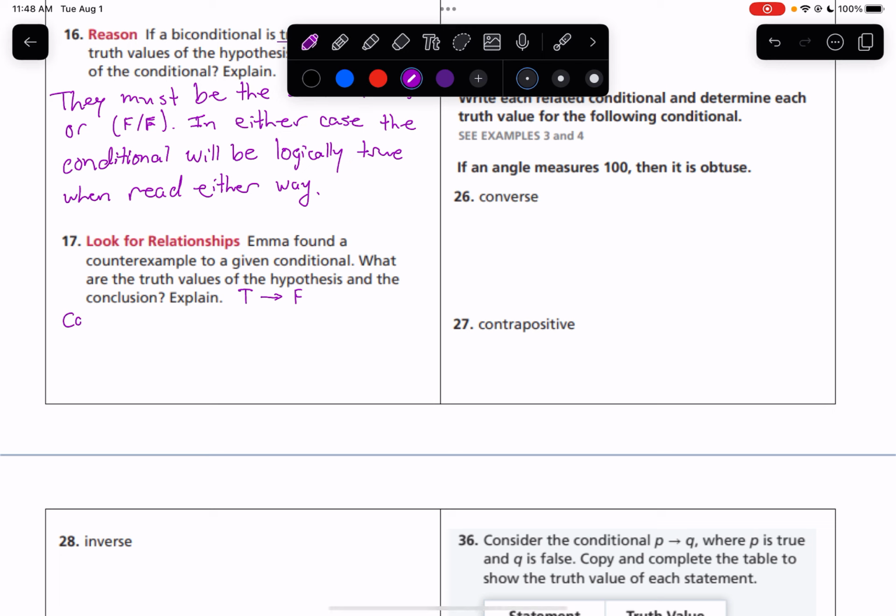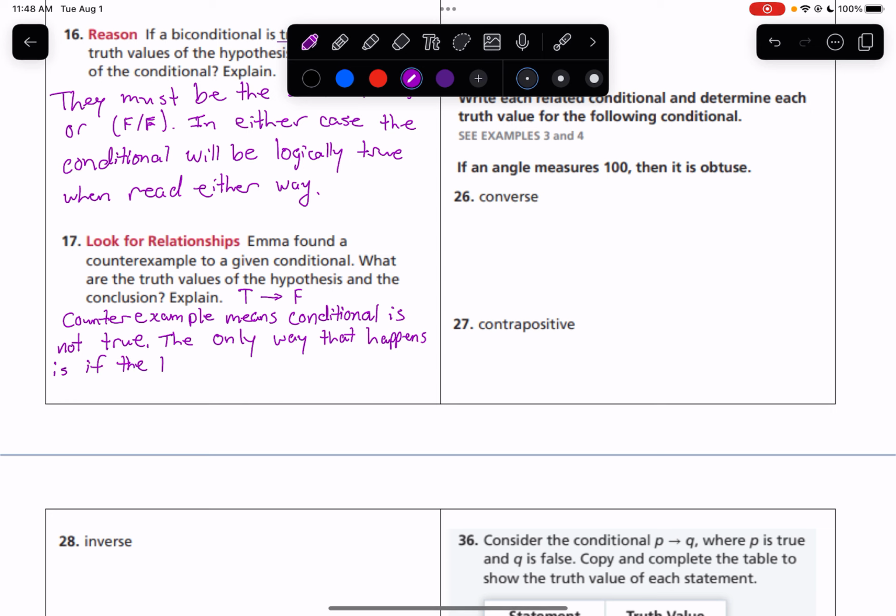So if there's a counterexample, it means the conditional is not true, and the only way that happens is if the hypothesis is true, but the conclusion is false.